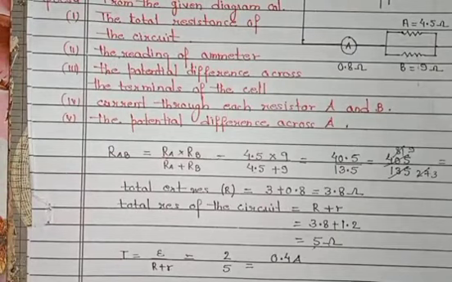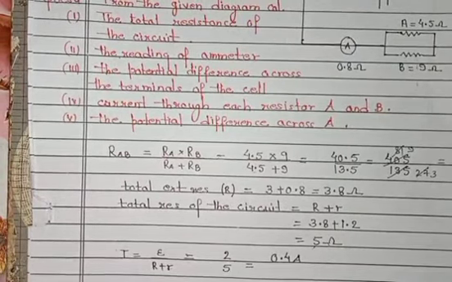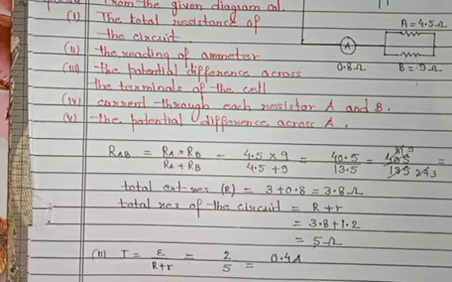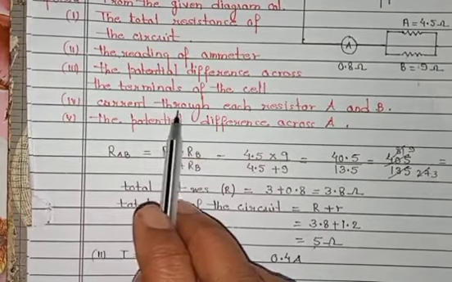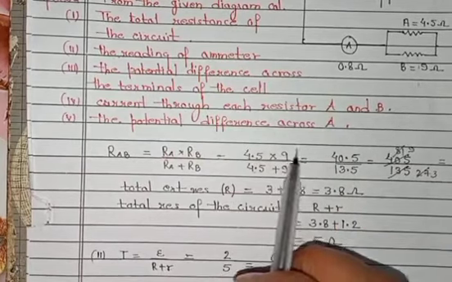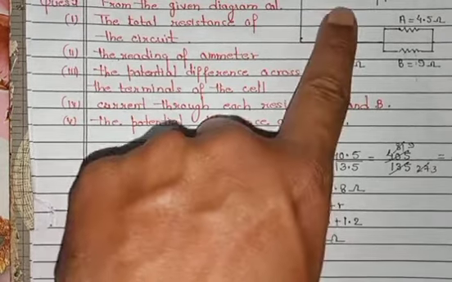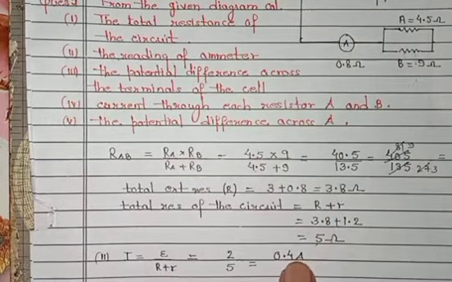Okay, now moving to the fourth part. Now this was the second part, reading of ammeter. Now the fourth part says you have to calculate the current through each resistor A and B. Now see how we will distribute the current between A and B. A and B both are in parallel. So here the main current coming from the cell is 0.4 ampere.